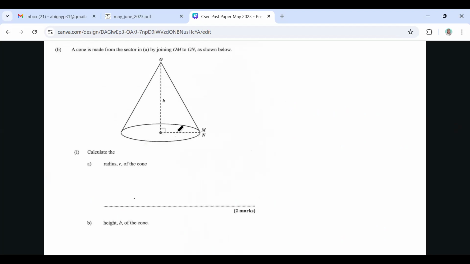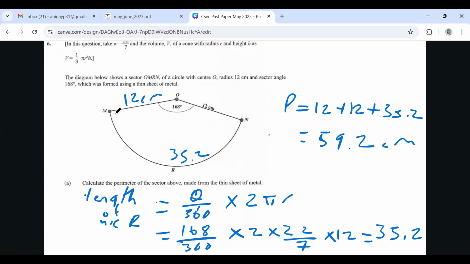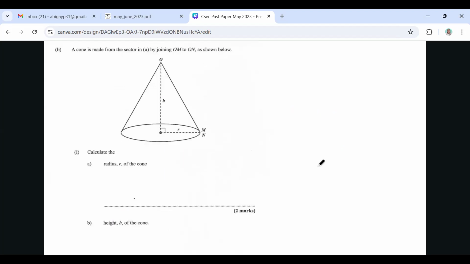Okay. So as you can see, this turns into a complete circle, and we did find the perimeter, or the circumference, of this circle, which is 35.2. And the formula for circumference is 2 pi r.